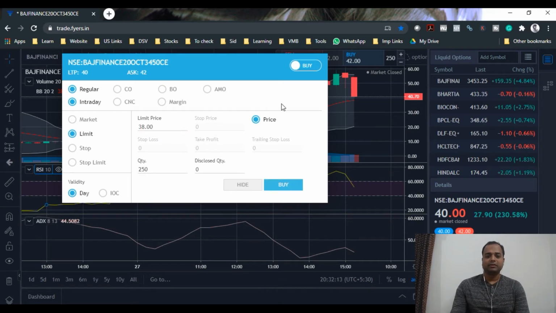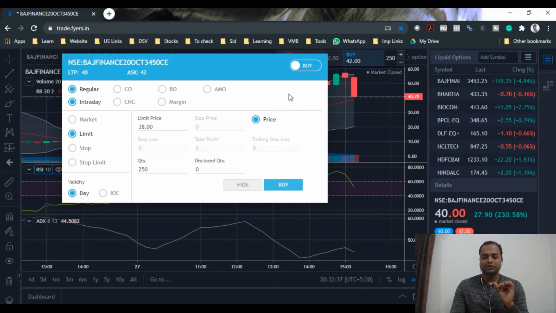Because you want to buy cheap, right? So you will place the limit order of 38 rupees. If the price is more than 38, your order will not be executed. It will still be in queue waiting for execution. As soon as the premium comes down to 38, the contract will be executed.